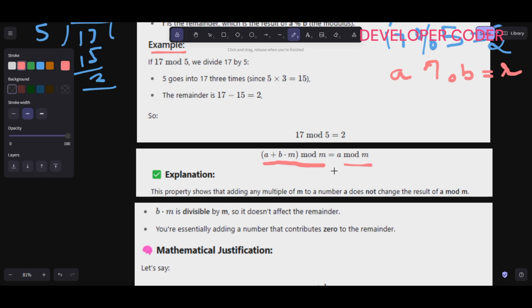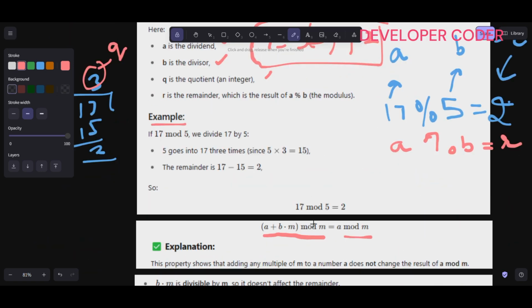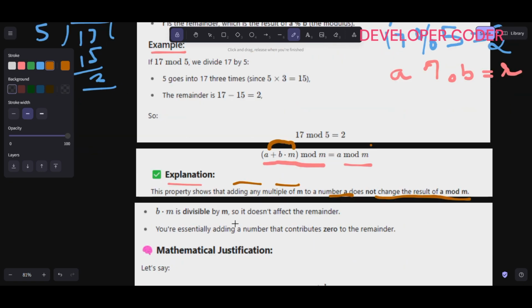This property shows that by adding any multiple of m to a number a, so here we are doing addition, by adding any multiple of m, b dot m, definitely this is going to be divisible by m, it doesn't change the result of a mod m. So b dot m is divisible by m, so it doesn't affect the remainder. You are essentially adding a number that contributes 0 to the remainder.